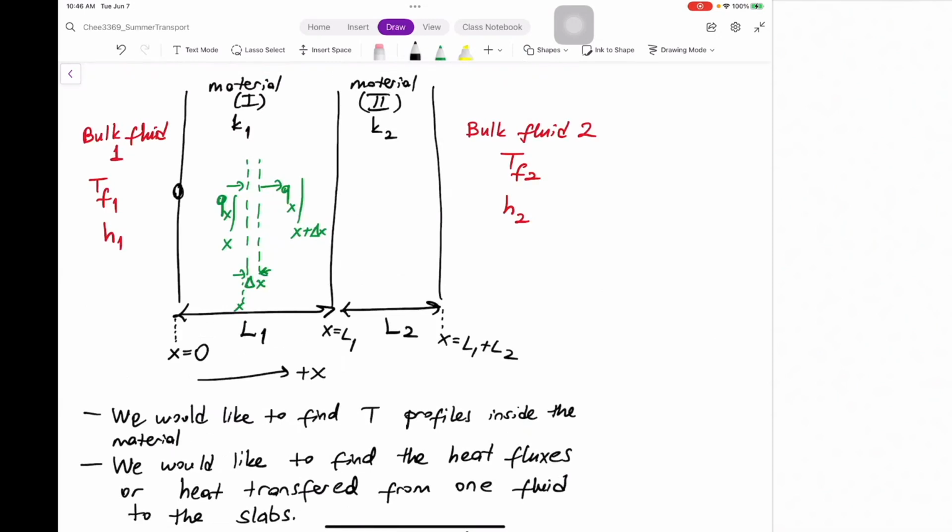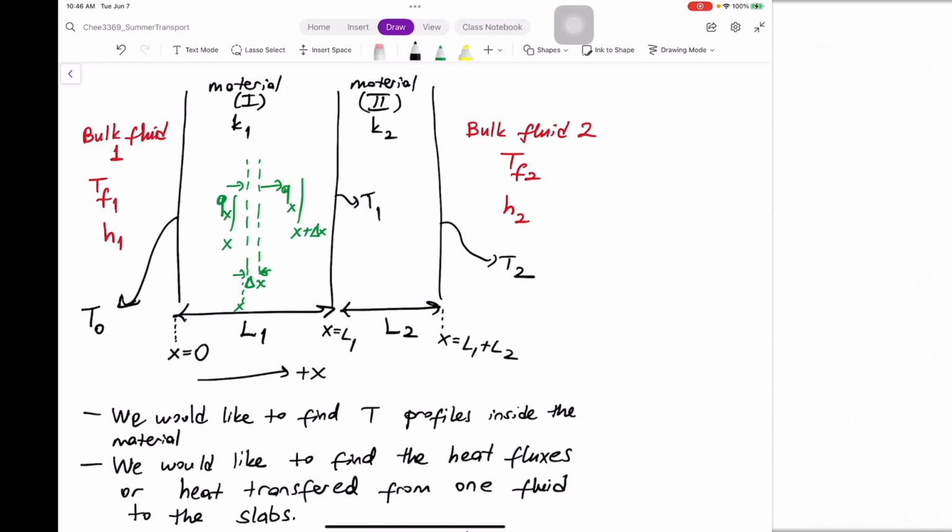Let's assume the temperature here is T1, although we don't know, I just need a starting point. Here the temperature is not given as well. Let's call the temperature at the left T0. Let's call this T1, and let's call this T2.